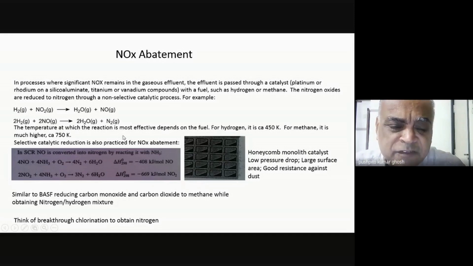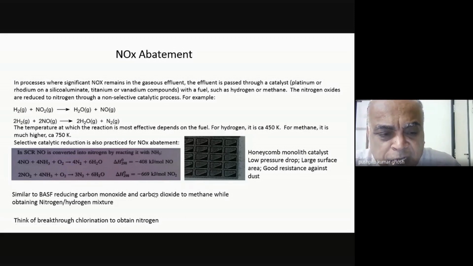Remember also these same concepts are applied over and over again. Like when I could not do much with my carbon monoxide and carbon dioxide when we were making the 3:1 hydrogen to nitrogen mixture by the steam reforming and air reforming process.